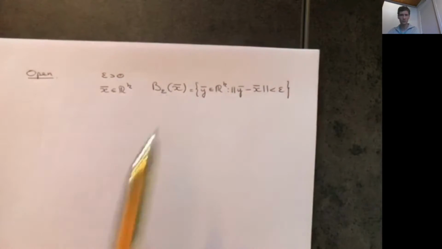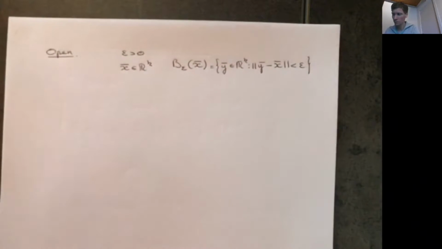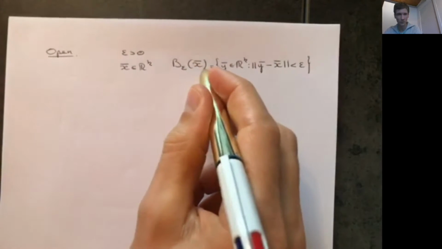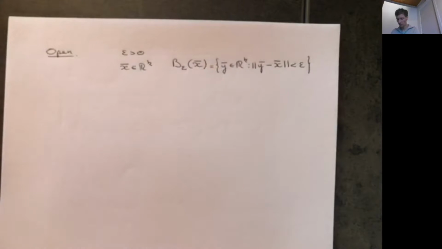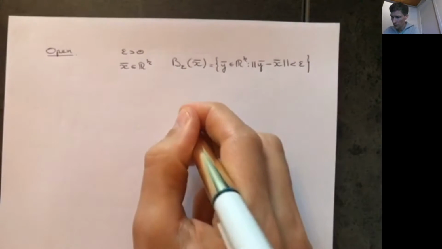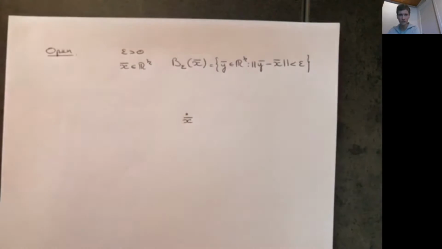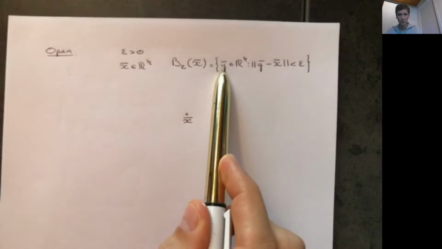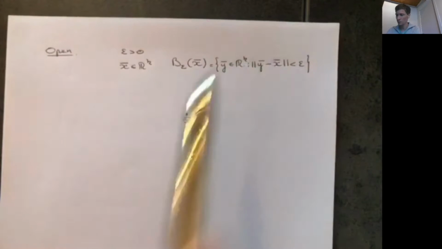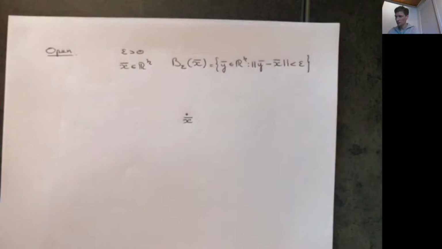And this set here is called the open ball of radius epsilon around x. So why is this the open ball of radius epsilon around x? Well, if I have the vector x, then I need to find all the vectors whose distance from x is smaller than epsilon.